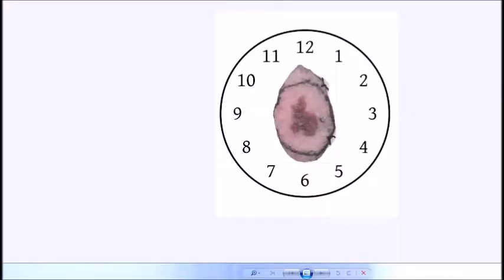So let's continue on where I left off. I took a photo of the skin ellipse and pasted it onto this clock face to show you what I was talking about as far as sutures. This suture here was short superior. This suture was long lateral. So I redesignated this as 2 o'clock and this as 4 o'clock.